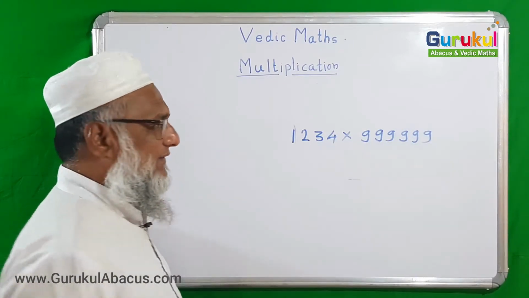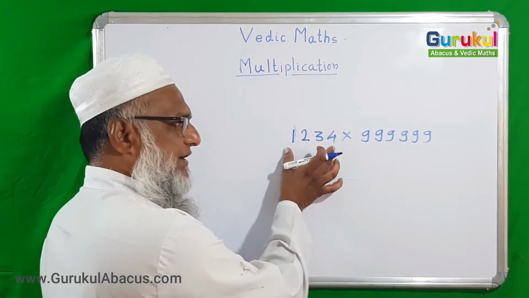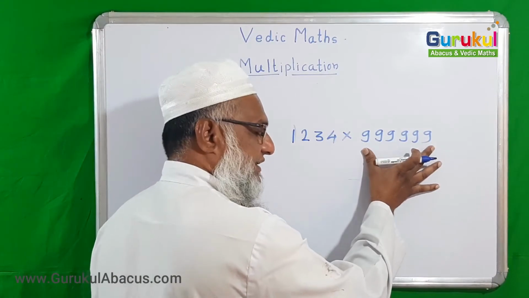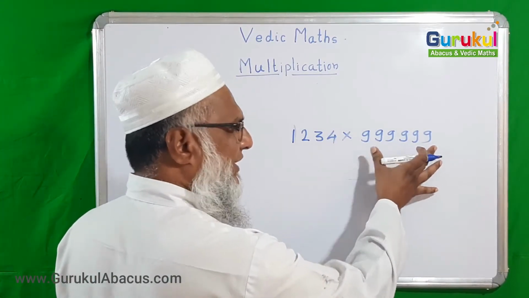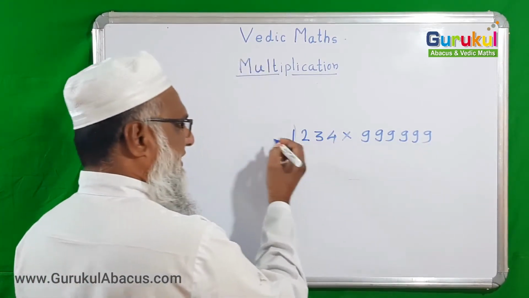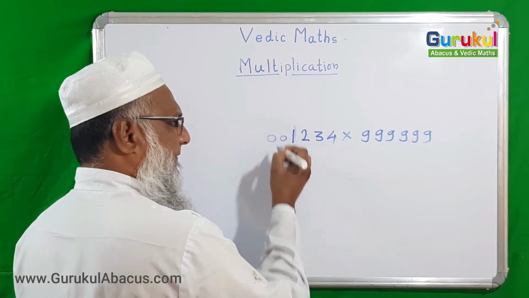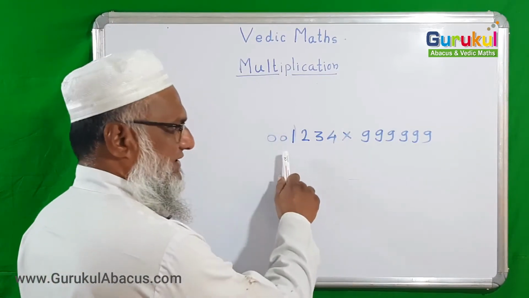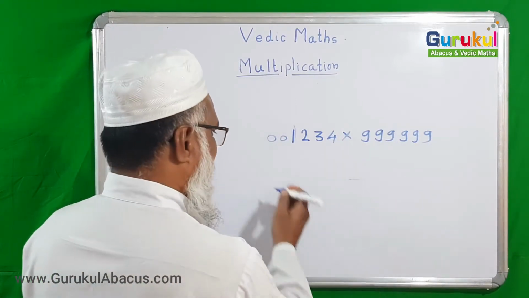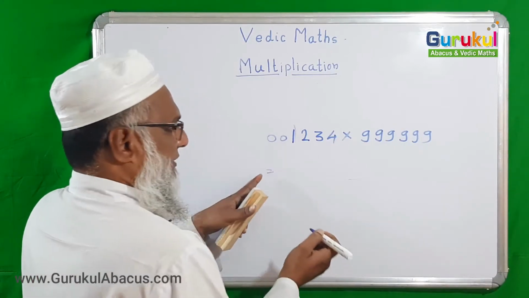Here one number is 4-digit, the other is 6-digit, and this is the 6-digit greatest number. No problem, let's make it 6-digit by adding 2 zeros. So now it is also 6-digit for our understanding, and now we are going to multiply it.